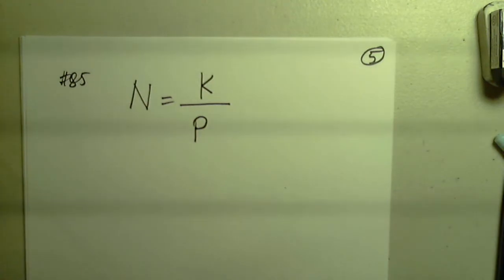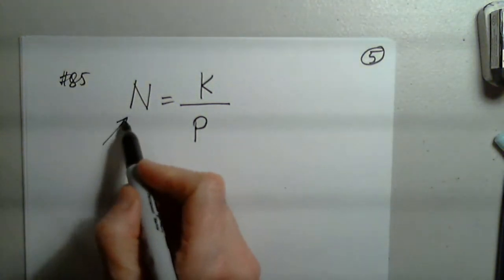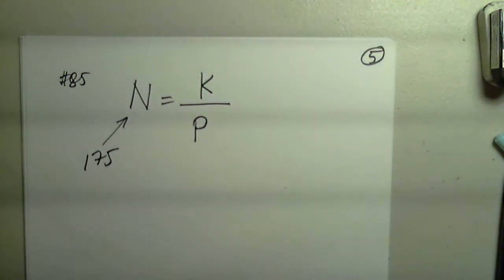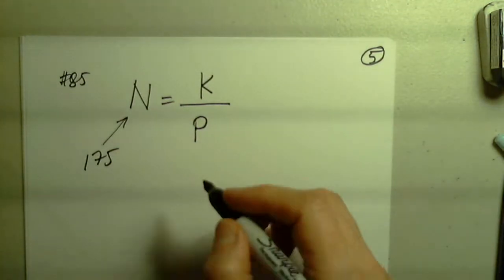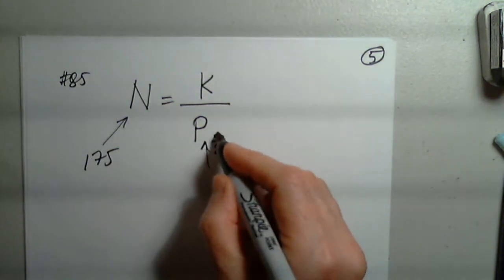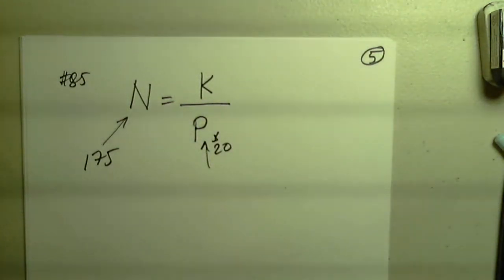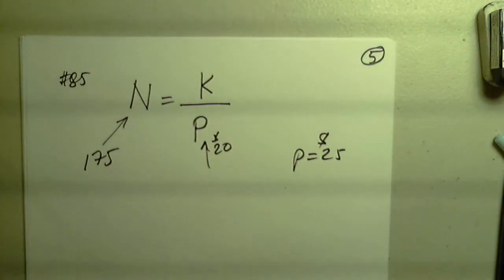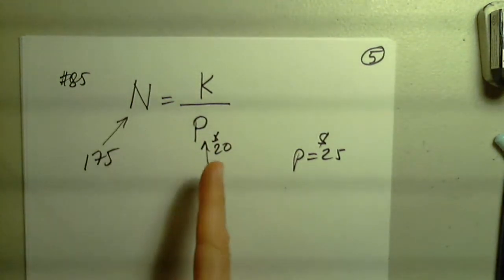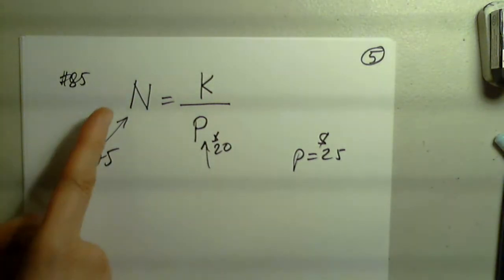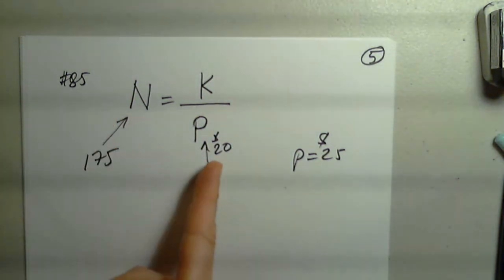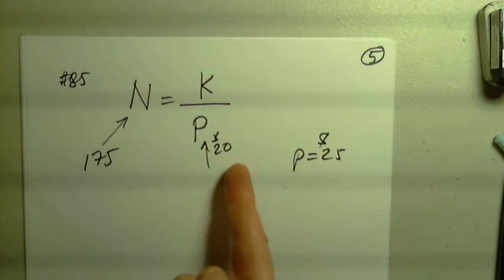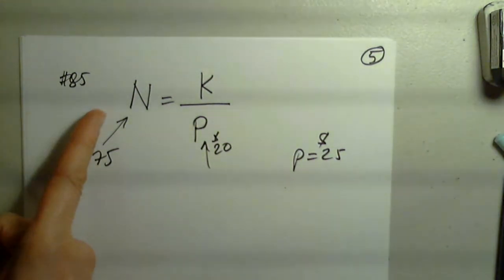If 175 tickets can be sold for $20, how many tickets will be sold if the price is 25? So we are given 175 and 20. When the price is 20, we sell 175.